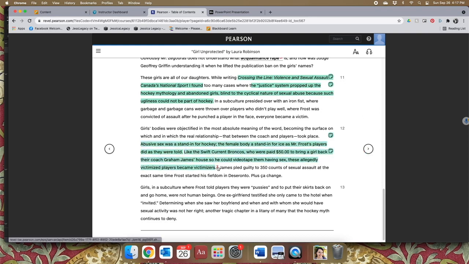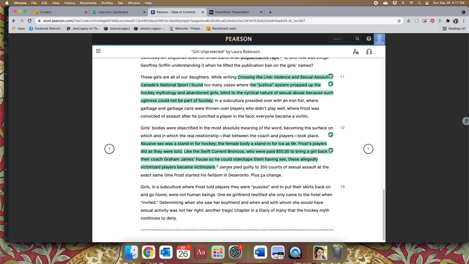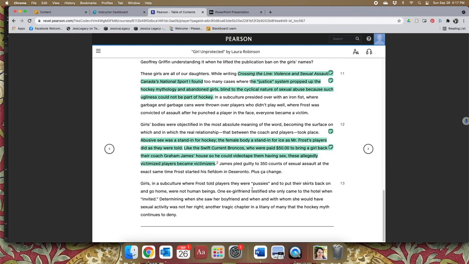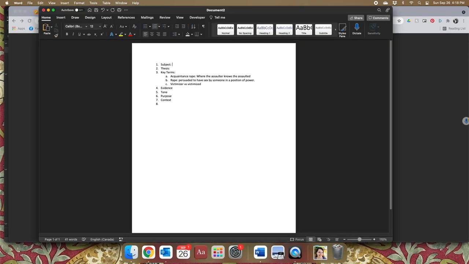There is a source, so I am also taking note of the source that the author uses. This is just me going back and forth, and again, I don't really have a major focus at the moment other than reading and taking note of things that I might find interesting.